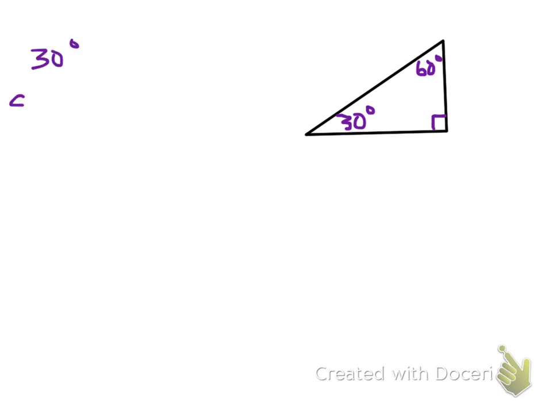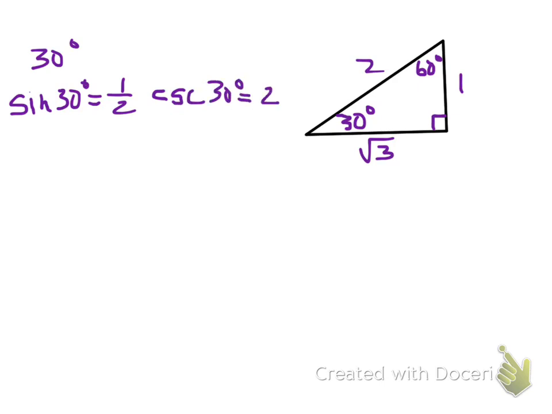All right, so what is the sine of 30 degrees? Sine of 30 degrees is 1/2. Which means the cosecant of 30 degrees is 2. The cosine of 30 degrees is square root of 3 over 2, which means the secant of 30 degrees is 2 over the square root of 3.